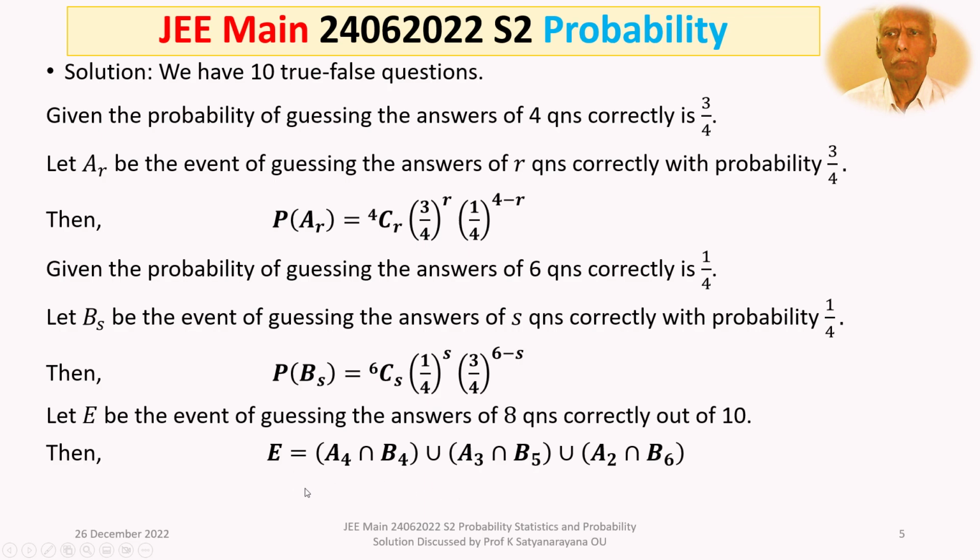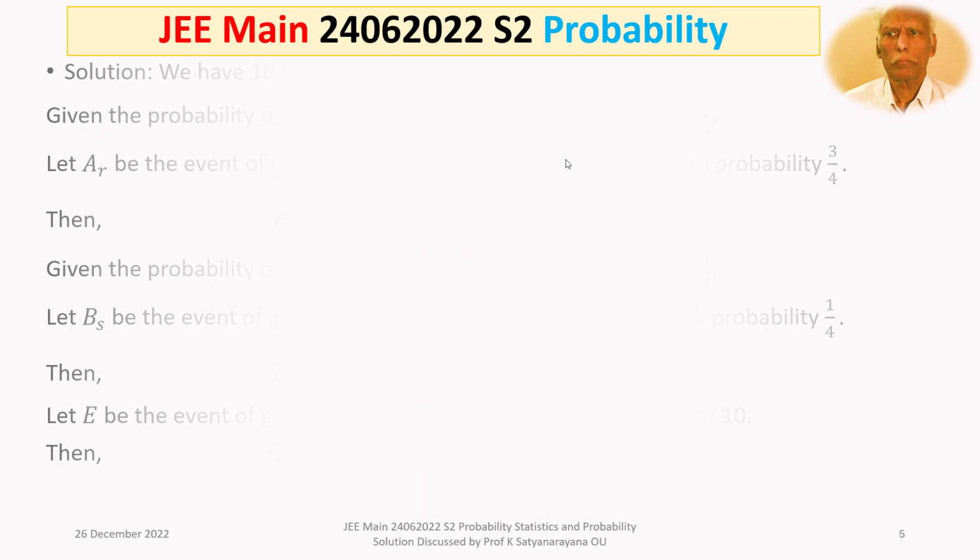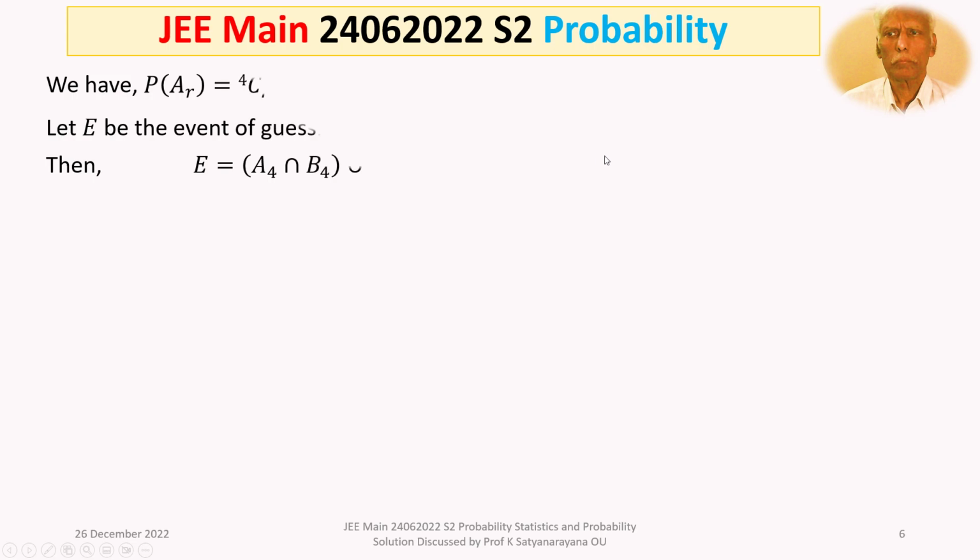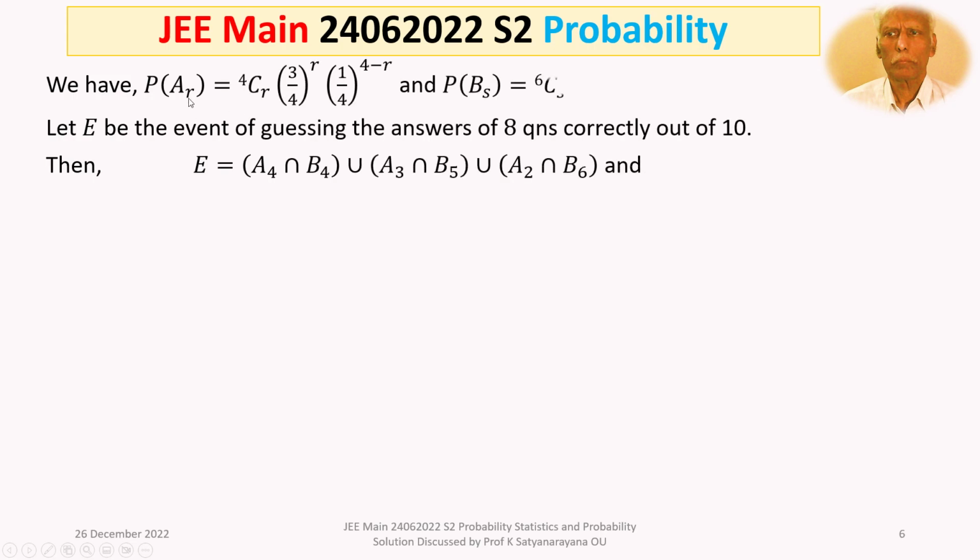And this is what we have. So we continue in the next slide. We have the probability of A_r, the probability of B_s, and E is the event of guessing the answers of 8 questions correctly out of 10.